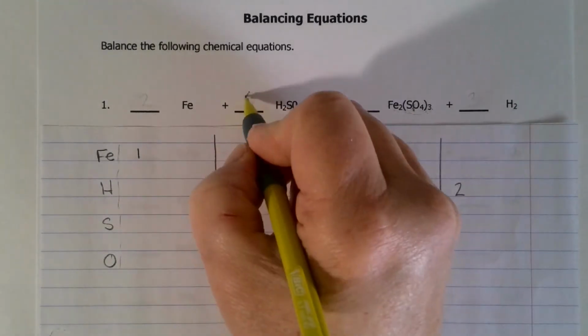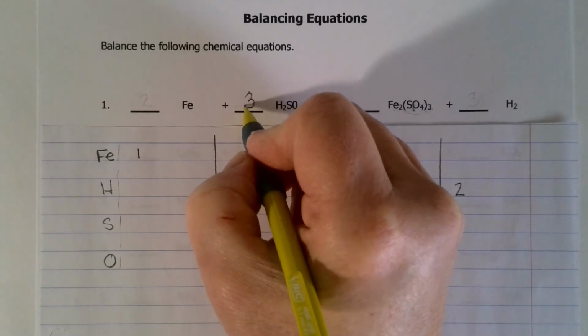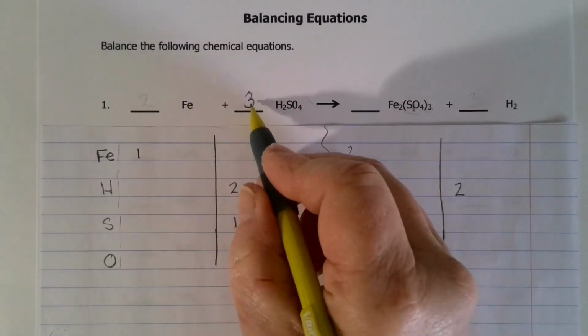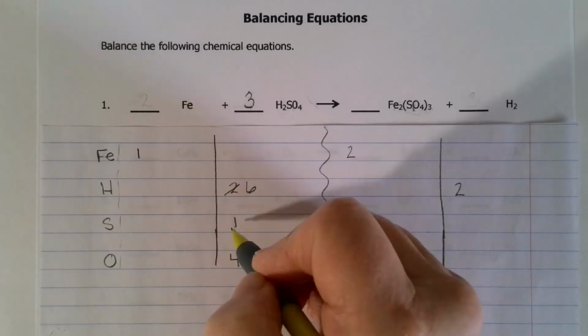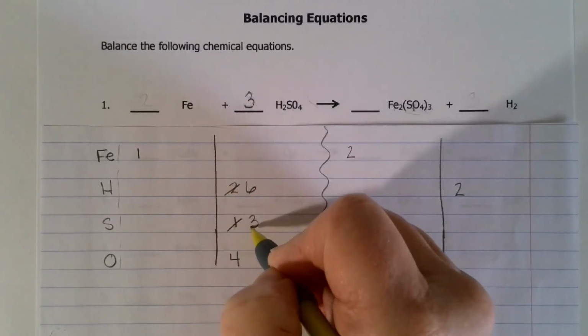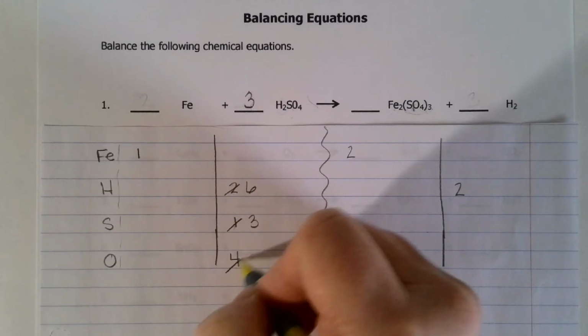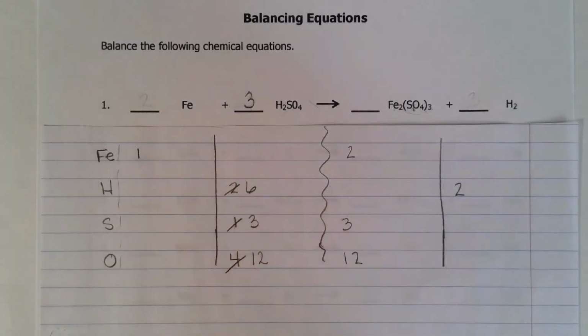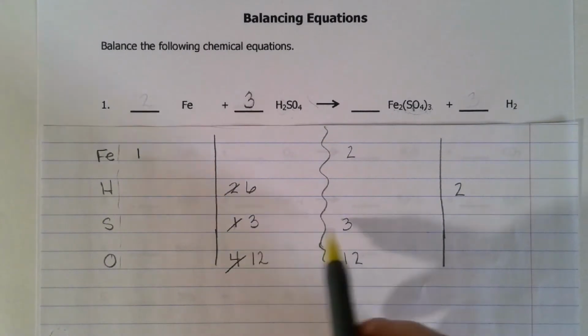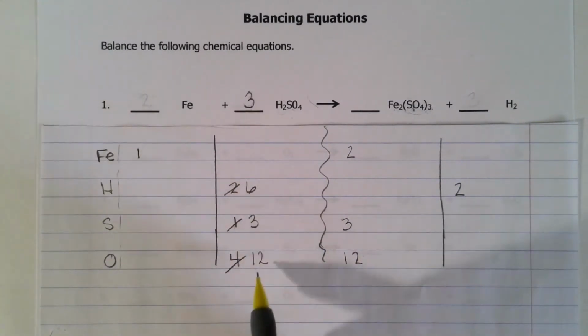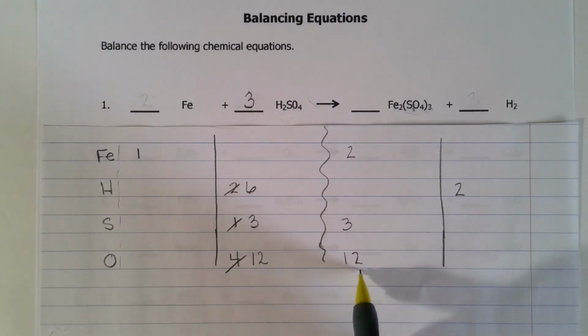So I put a 3 in the box or in the line, and I take that 3 times 2 is 6, 3 times 1 is 3, 3 times 4 is 12. So if I look at this, I have 3 sulfurs here, 3 sulfurs there, 12 oxygens here, and 12 there.